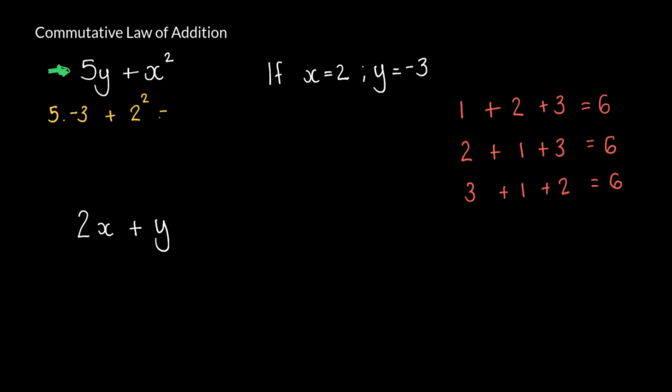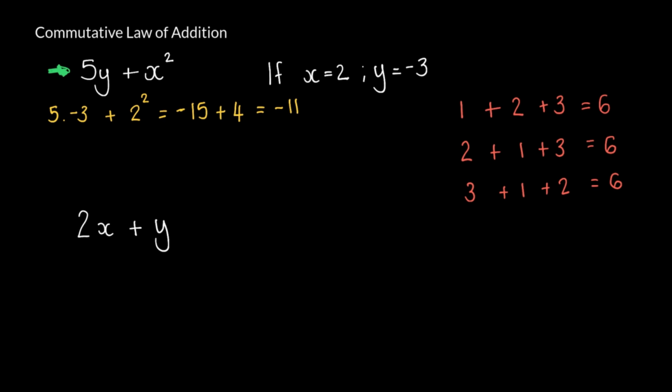And that is going to give me 5 multiplied by -3. That's going to give me -15 plus 2 squared. That's 2 multiplied by itself. That would give me 4. And -15 plus 4, that should give me -11. Right, and that is the first one that we're using.